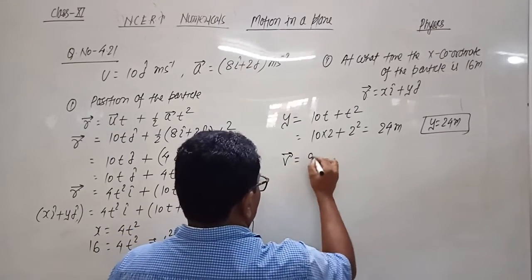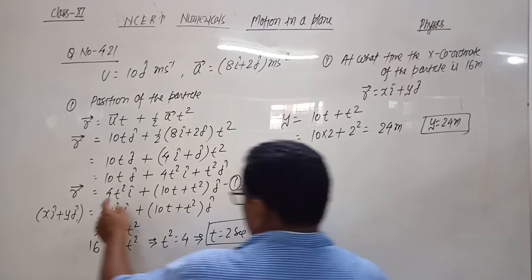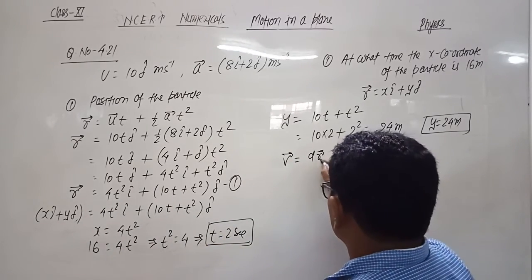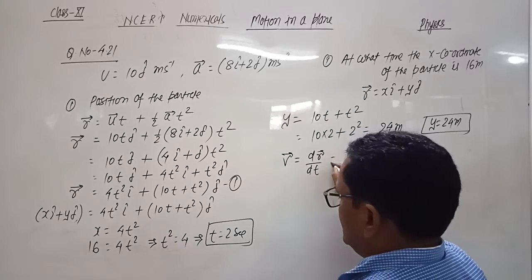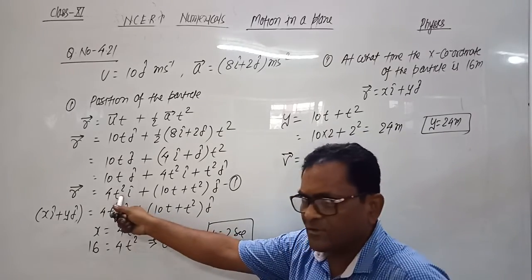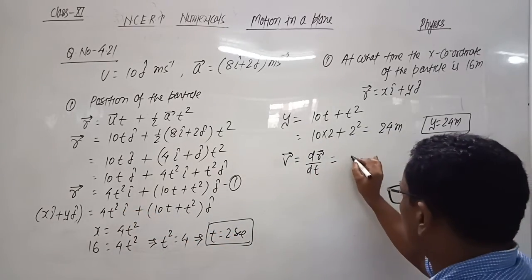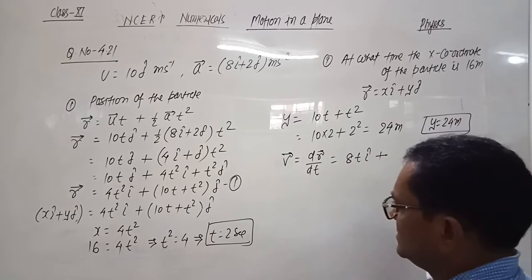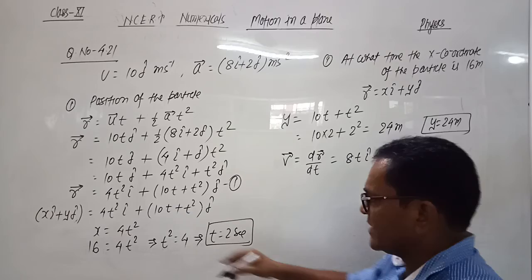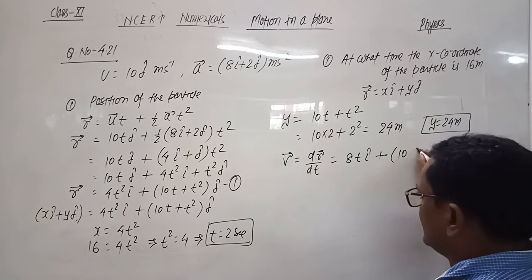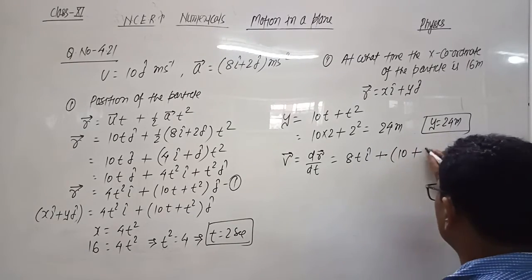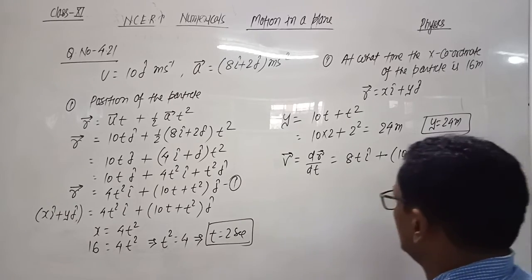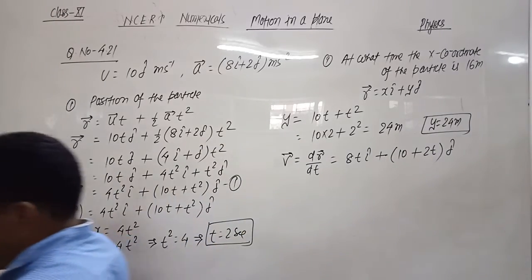So v equals dr by dt. Differentiation of t square is 2t, so it becomes 8t i cap plus, differentiation of t is 1, so 10, plus differentiation of t square is 2t, so 2t j cap. This is the velocity of the particle.